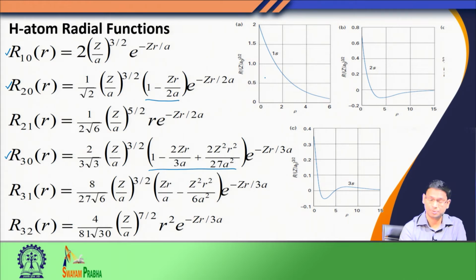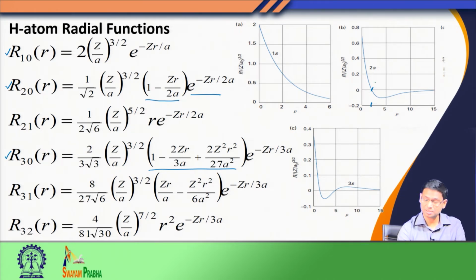You see, for the 1s orbital, the function is an exponentially decaying function. For 2s, in our previous lecture, we discussed that at this value of rho, we experience a node, and after that, when r is greater than 2a over Z, the function becomes negative, and then when we go to larger values of rho, the exponential function will dominate, and this function approaches 0 asymptotically.